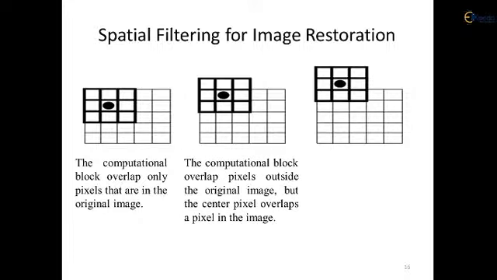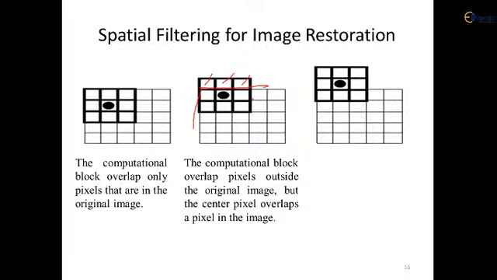The next one is where the computational block overlaps pixels outside the original image, but the center pixel overlaps pixels in the image. So the central pixel is originally inside the image, but as we focus on the neighborhood with a symmetric dimension, these 3 pixels refer to values outside the image information.